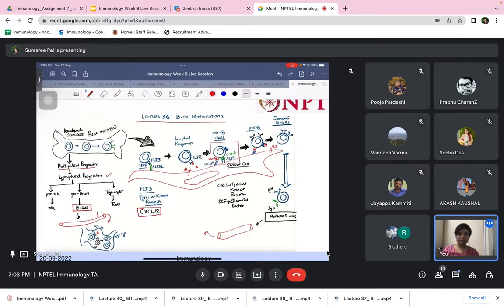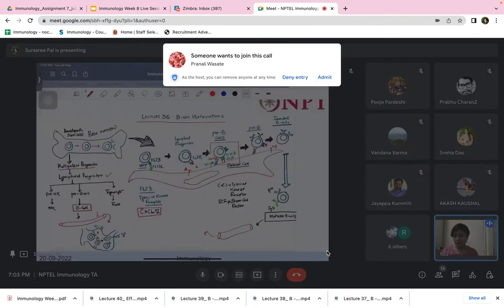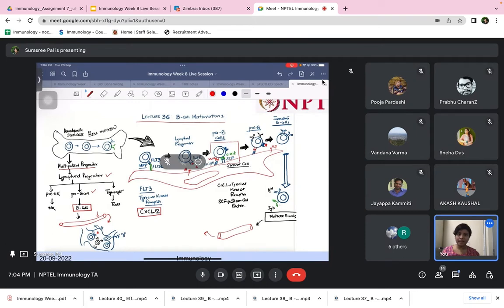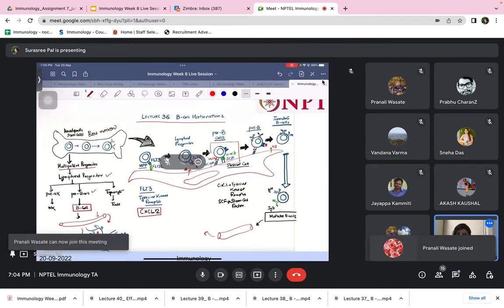So from the name lymphoid progenitor you understand that these cells are destined to become lymphocytes, either B lymphocytes or T lymphocytes or maybe NK cells also, right? So from the lymphoid progenitor, further the pro B cell, and from the pro B cell the pre B cell, and finally the mature B cell, this maturation process will take place, right?